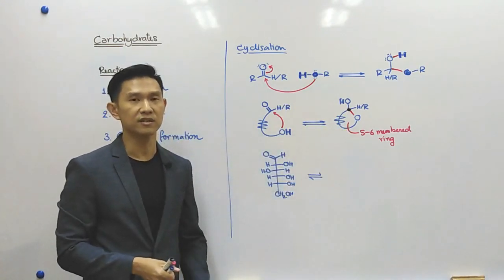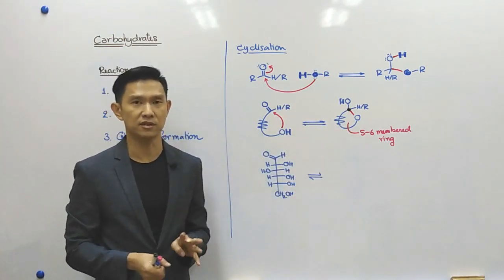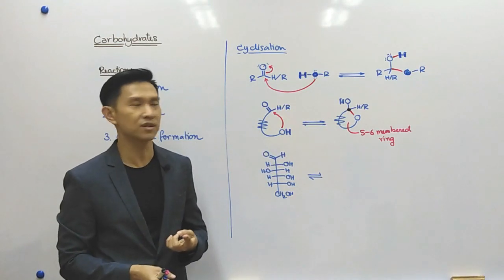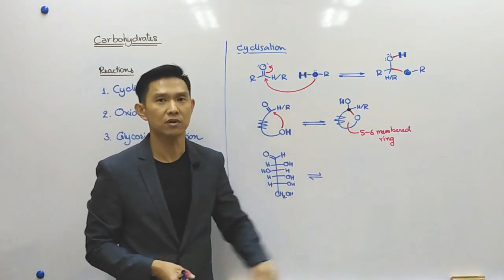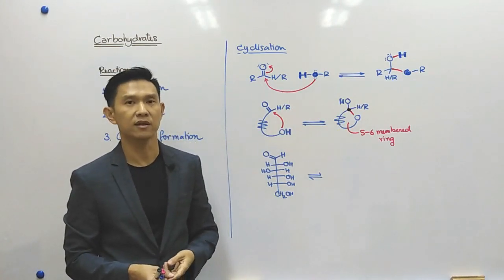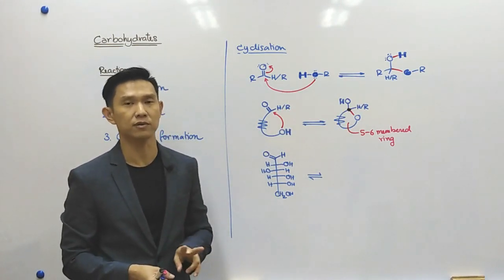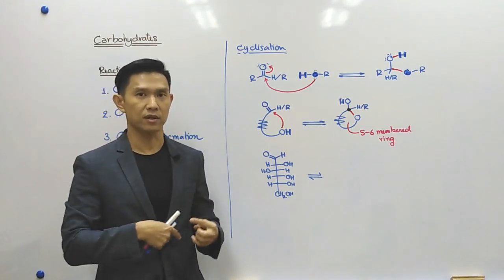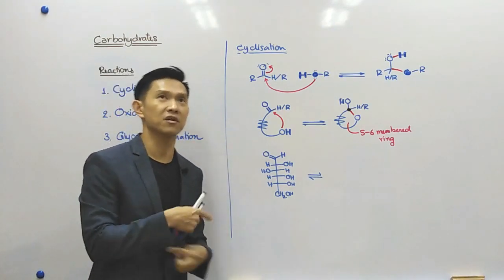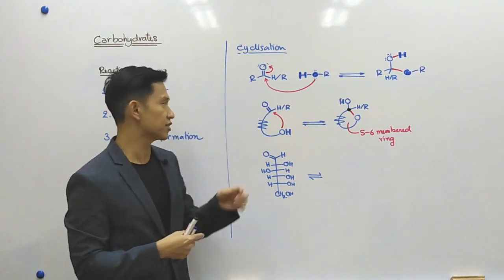That means instead of 16 possibilities, in the cyclic structure you're creating another chiral center. So you double the possibilities to 32 possible stereoisomers in 6 members.